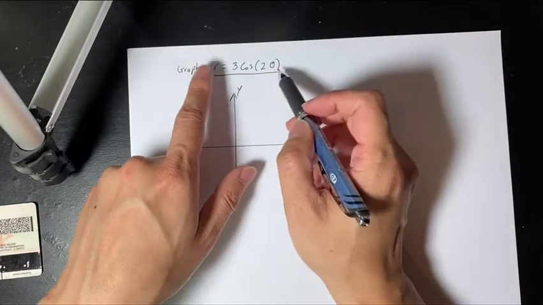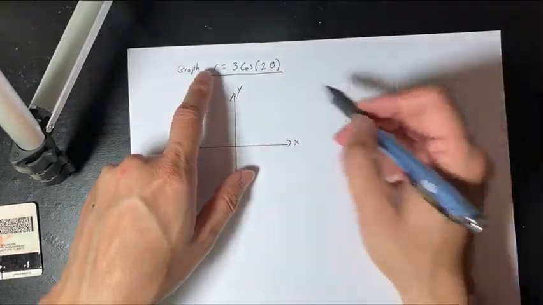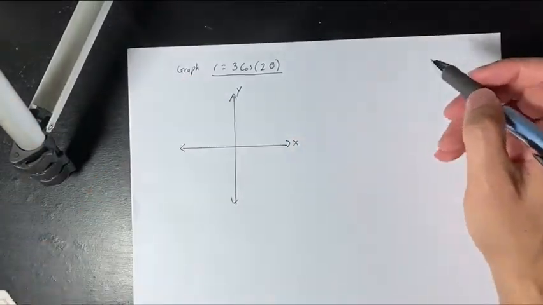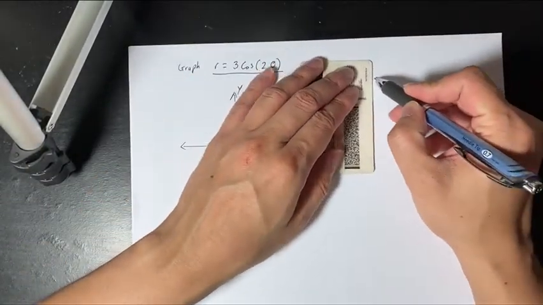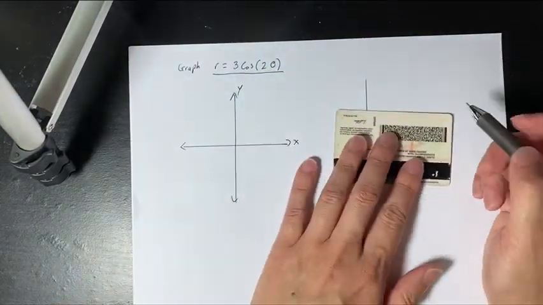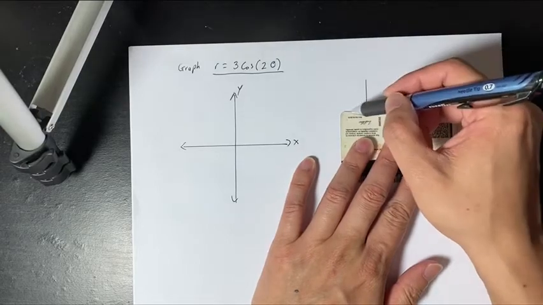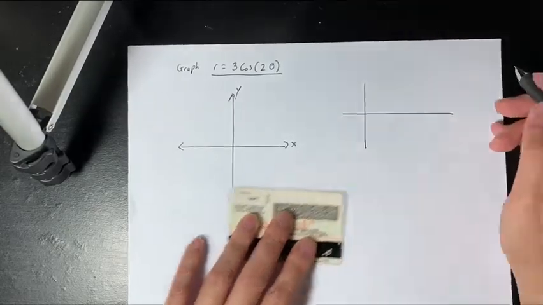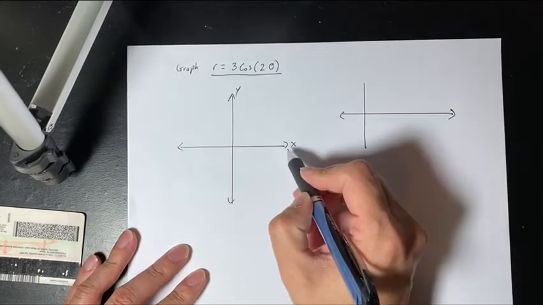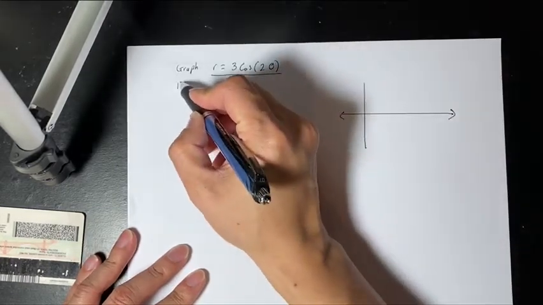But it's actually quite tricky to see the relationship between r and theta in this xy plane. So what we're going to do is look at the r theta plane. So this equation in the xy plane is a polar equation.